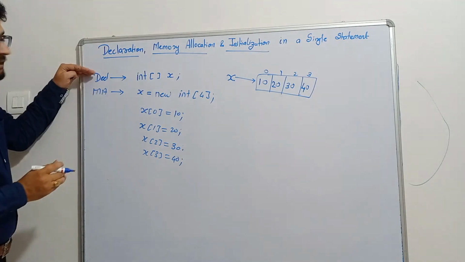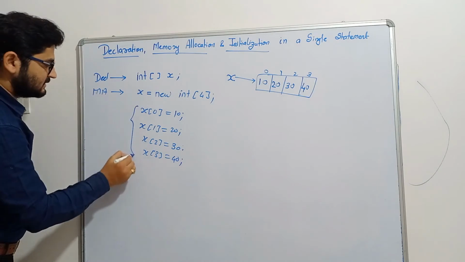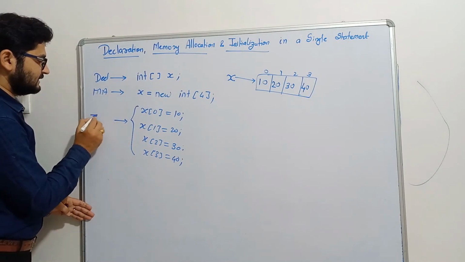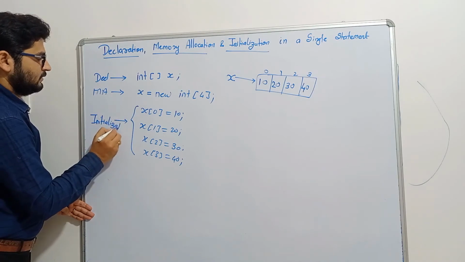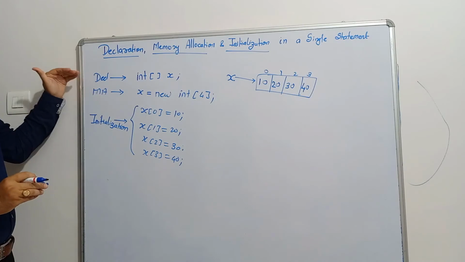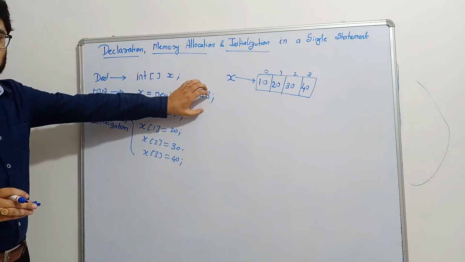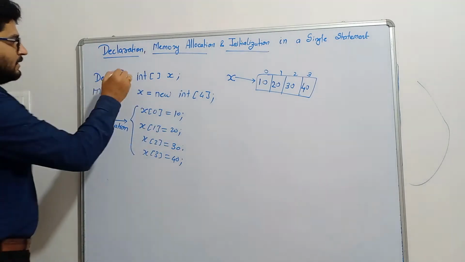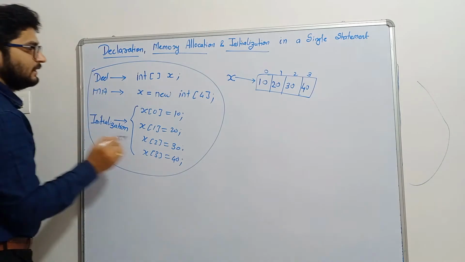Now here we have done declaration, here we have done memory allocation, and in these statements we have actually done initialization. So we have declared, allocated memory and initialized this one dimensional array separately. Now the whole thing can be done in a single statement in this way.